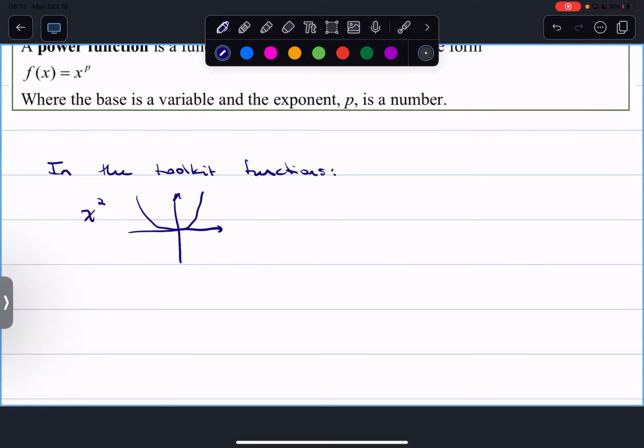A parabola. We've seen x to the power of 3, which generally looks like what? Now, remembering what these shapes are is going to be very helpful in this chapter. So that's why I'm introducing them again.